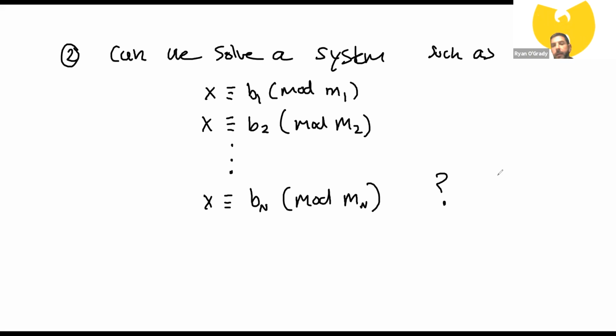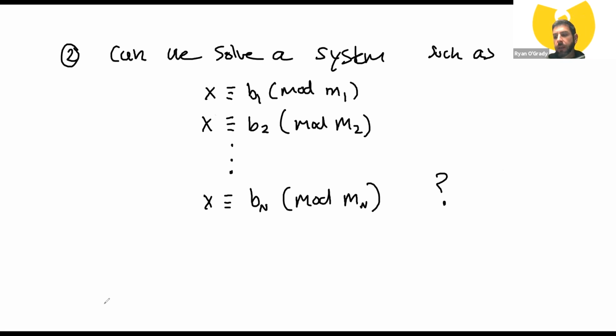Okay, so here's where we're at. We want to solve something like this. Now, you guys have encountered systems before. You absolutely did it in an algebra class. You usually would have studied maybe 2 equations and 2 unknowns, or maybe you solved 3 equations and a few unknowns. But what we're asking for here is, does a solution exist? Is there a number X that satisfies all this?